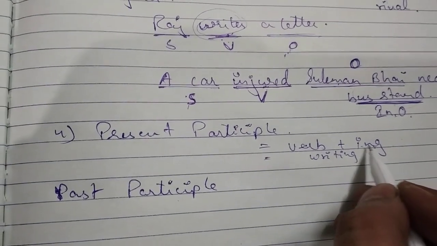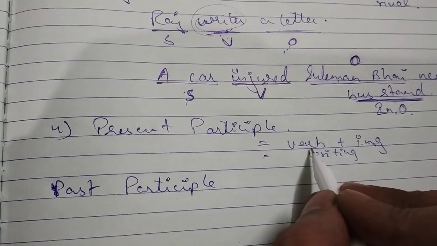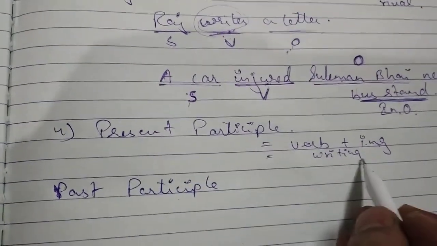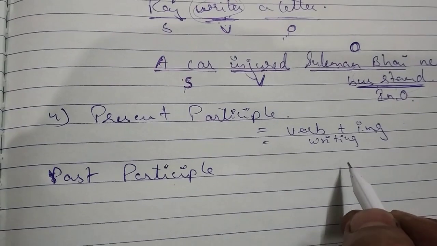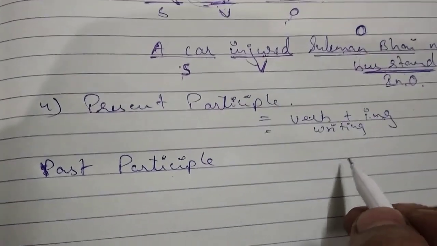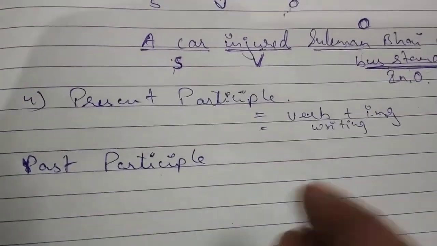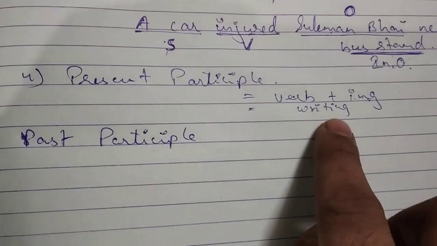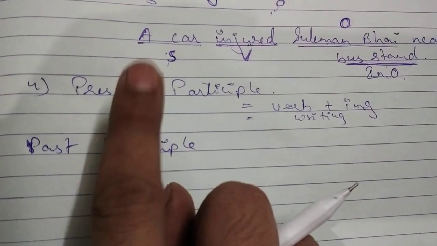So verb with ing attached is called present participle. Writing, eating, talking, walking, jumping, dancing, sitting, running, fighting, kicking, boxing. All these are verb plus ing, meaning present participle. Clear?